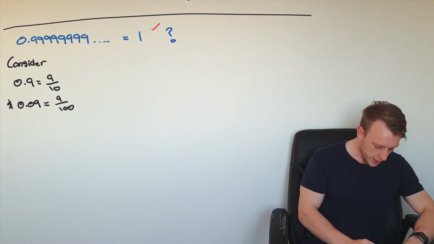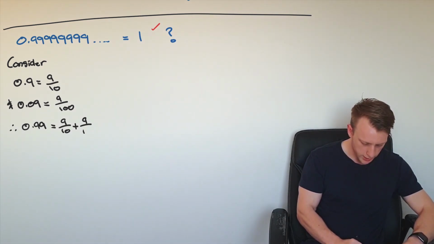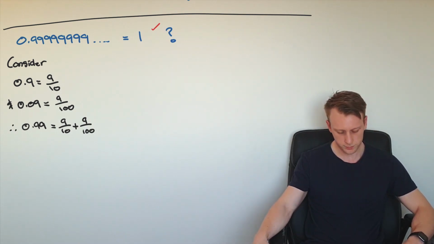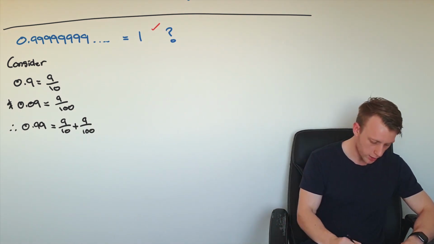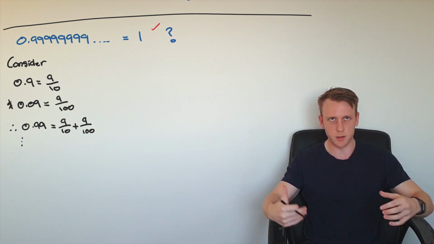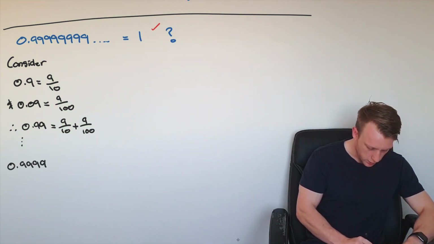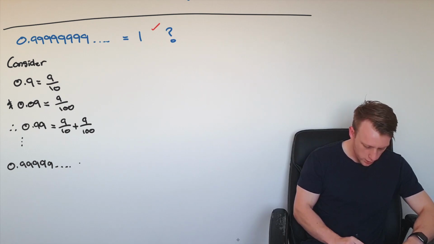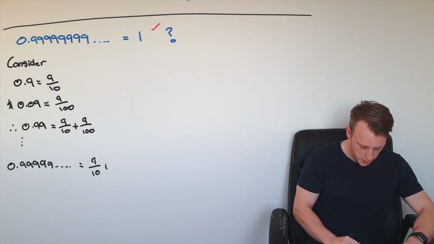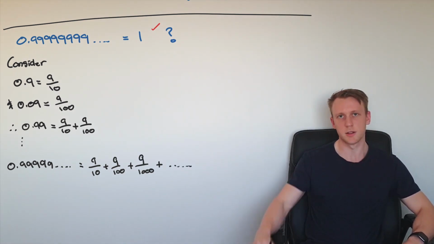So you can make a bit of a deduction and say, therefore, 0.99 is equal to 9/10 plus 9/100. And this pattern can continue, right? So if you kind of did this for 0.009 and then you added 9/1000ths, what you would get, 0.99999 recurring, would be equal to 9/10 plus 9/100 plus 9/1000 plus yada yada yada.